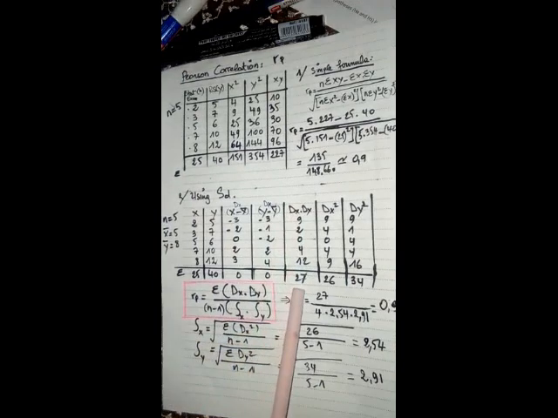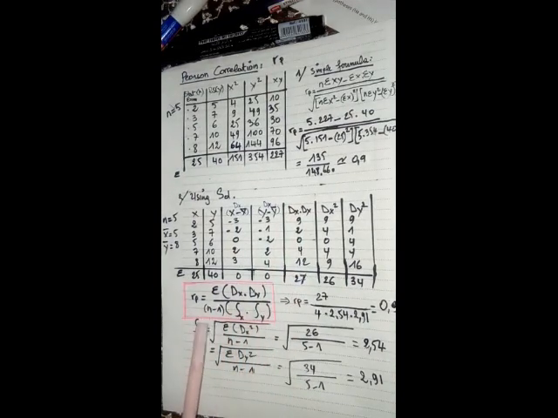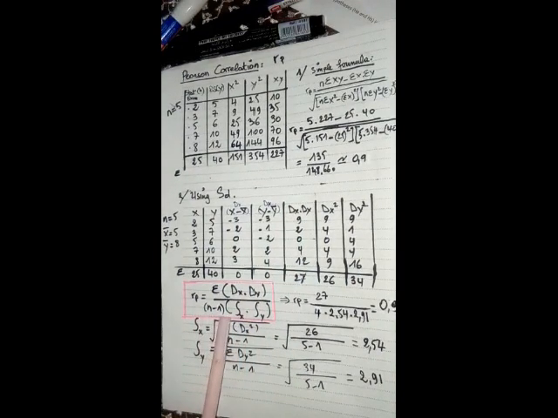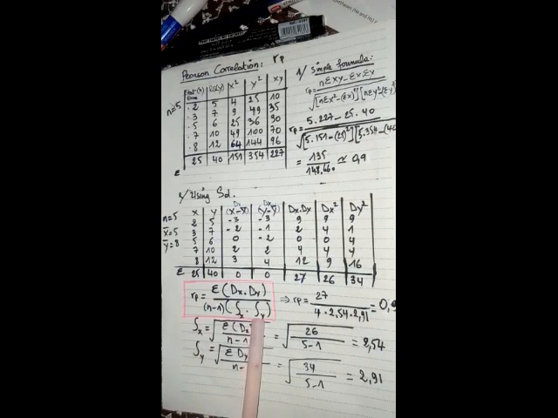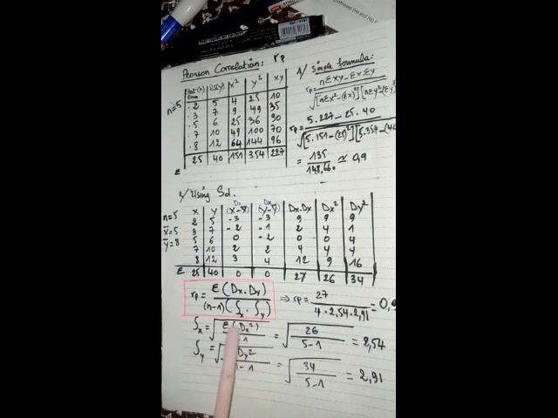So the formula says that Rp equals the sum of dx multiplied by dy, which is 27, all divided by n minus 1 times the standard deviation of x and the standard deviation of y. What does this mean? It means that I need to calculate the standard deviation of x and y. And of course, you know how to calculate the standard deviation.